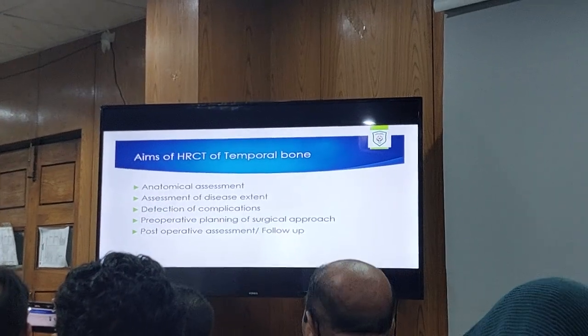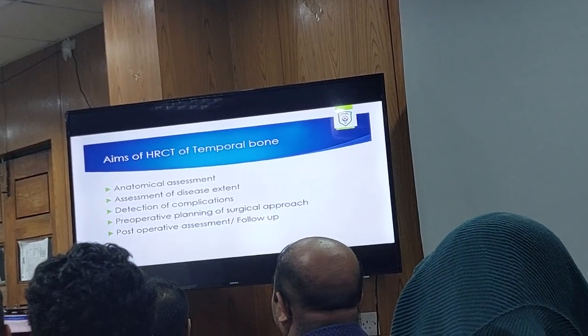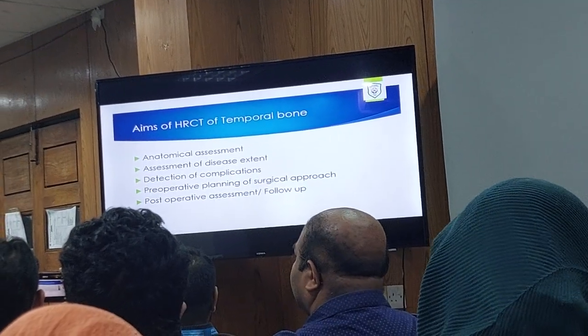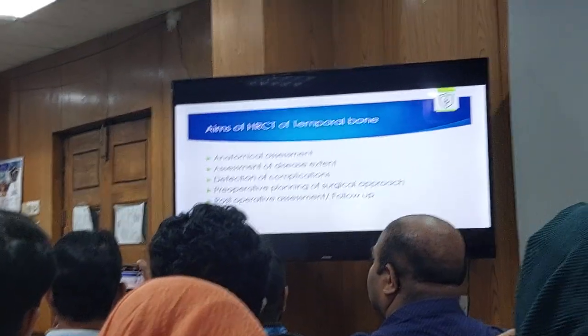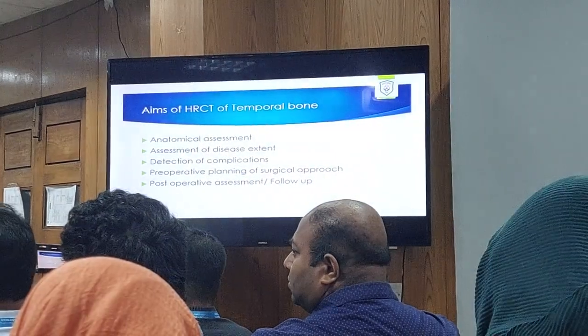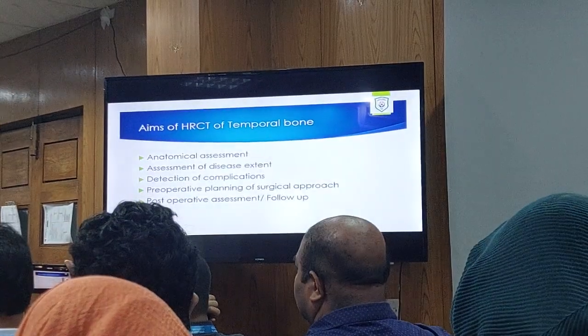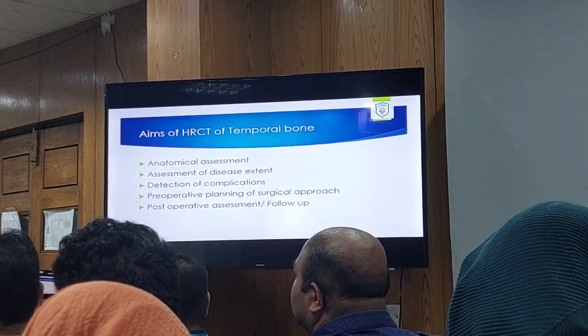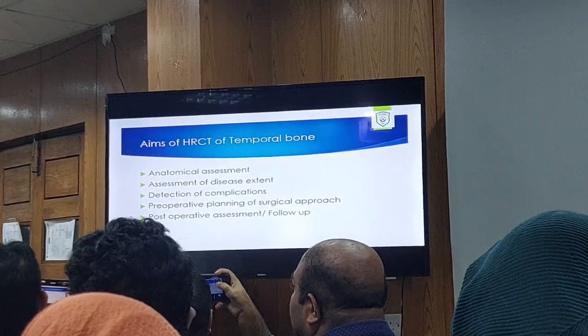But our aim is doing the high resolution CT scan of the temporal bone before every case of ear surgery. But in countries like ours, sometimes we consider our financial matters.